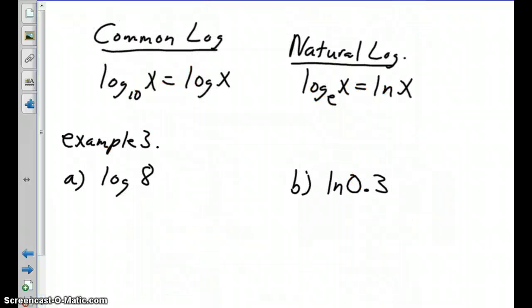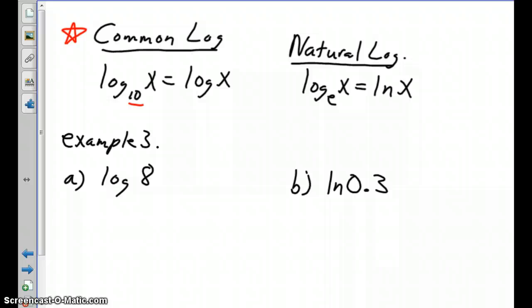All right, there are two kinds of logarithms that we're going to be using. One is what is called a common logarithm. A common logarithm is a logarithm that always has base 10. So log base 10 of x is called a common logarithm.